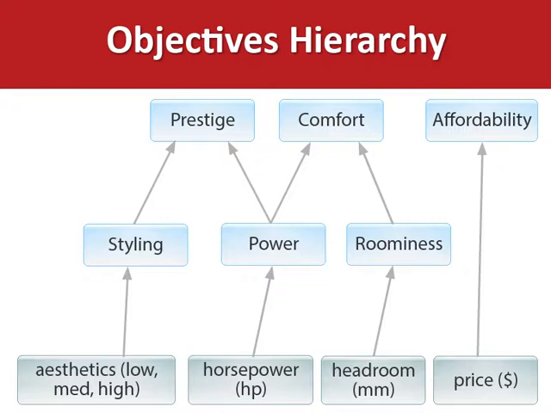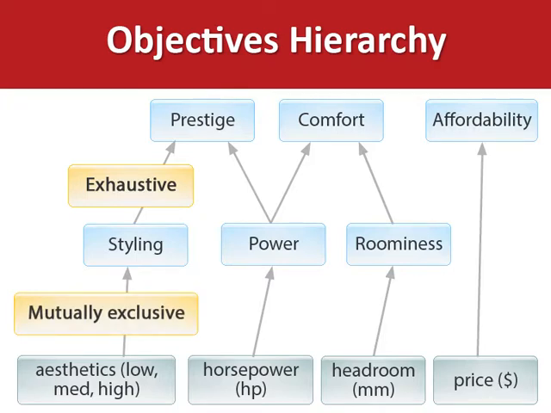The whole purpose for doing this objectives hierarchy, though, is when you're done and you look at your fundamental objectives, they should be exhaustive. You shouldn't have left anything out, something major. On the other hand, you shouldn't have anything in there, of course, that doesn't belong, although I suppose that could be taken care of in the next step when we talk about weights.